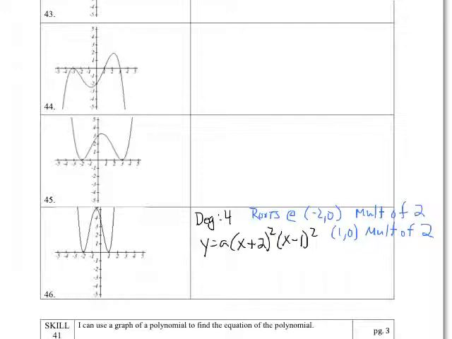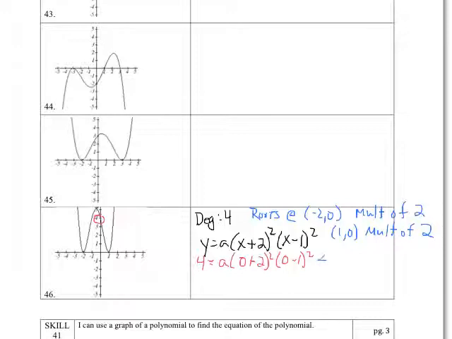Okay, and now we need to solve for a, so we're going to use our intercept of 4 to do that. So if we plug in 4 is equal to a times 0 plus 2 squared times 0 minus 1 squared, we get a is actually equal to 1 in this case.